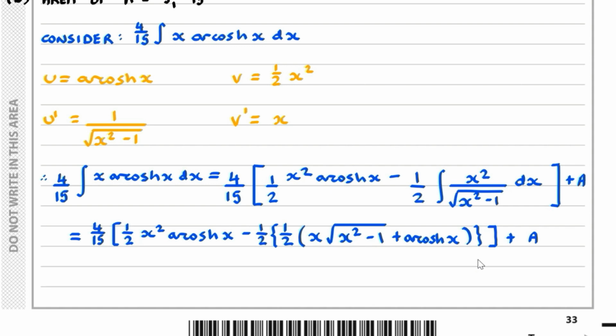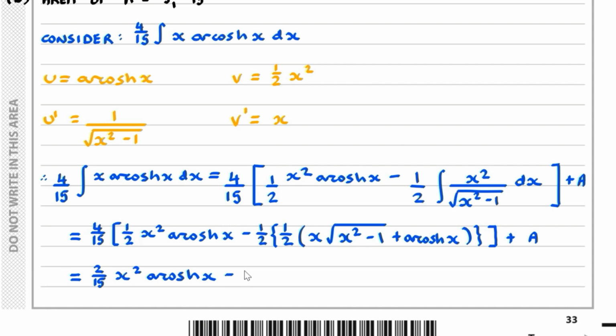Now, what I'm going to do is multiply the 4 over 15 into this entire bracket. So if we do that, we have 4 over 15 times by a half, which is 2 over 15. And then we've got x squared times by the inverse hyperbolic cosine of x. And then here we've got a half times by a half times by 4 over 15.